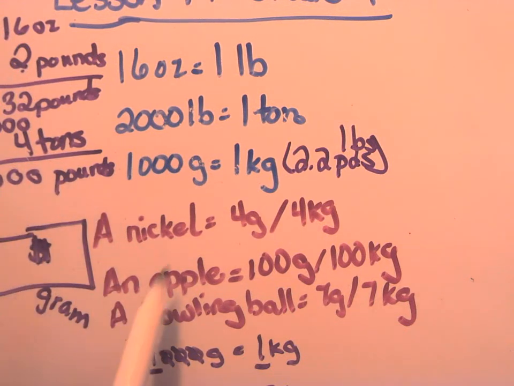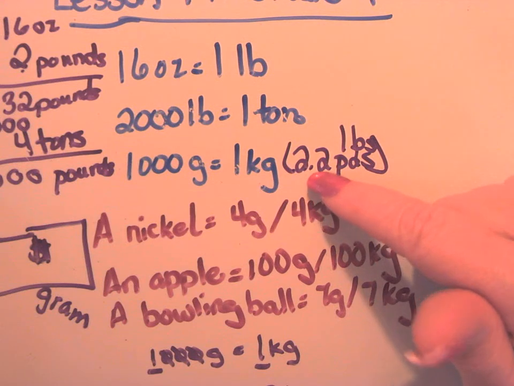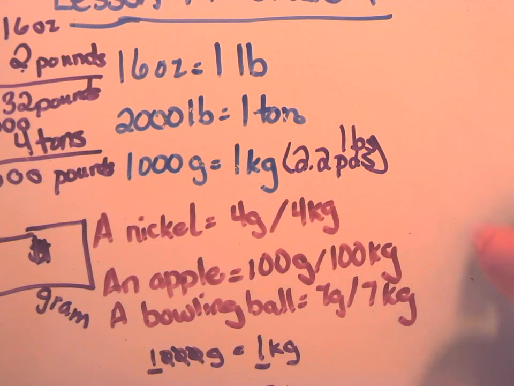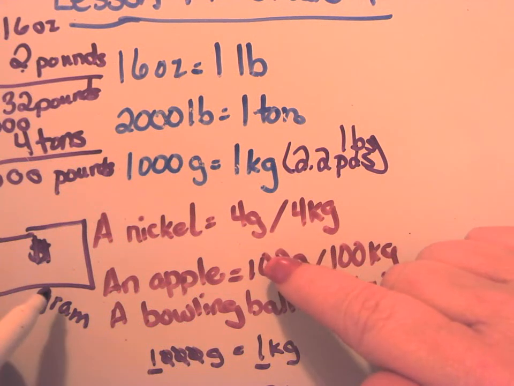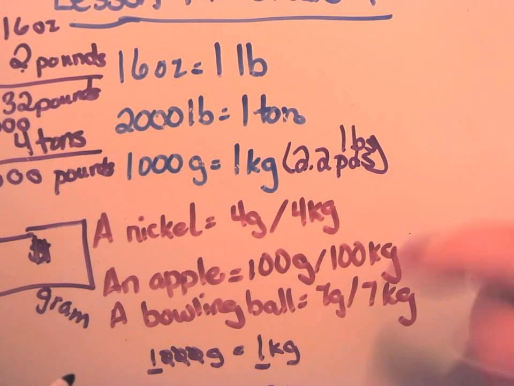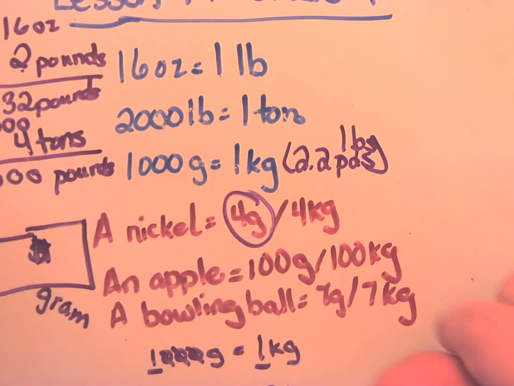So if I have a nickel, do you think a nickel would be more like 4 grams or 4 kilograms? Remember, each kilogram is 2.2 pounds. So do I have an 8-pound nickel, or do I have more like 4 dollar bills, the feel of that weight? And that would be 4 grams.